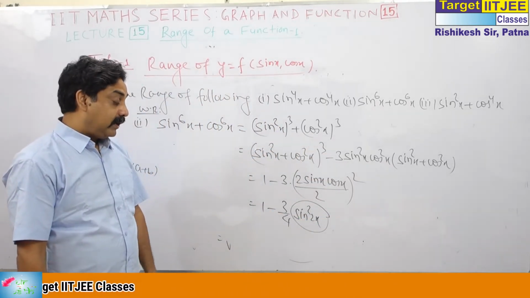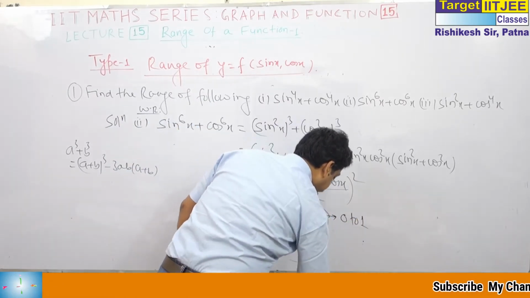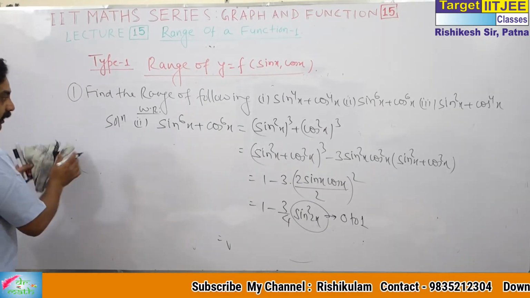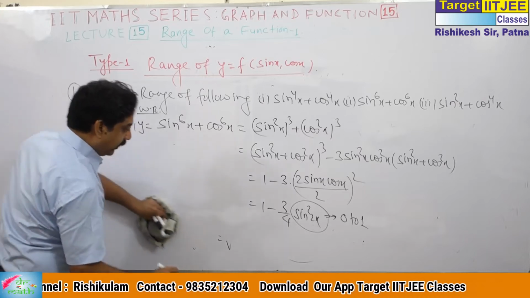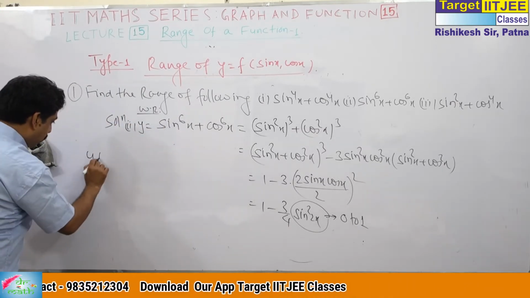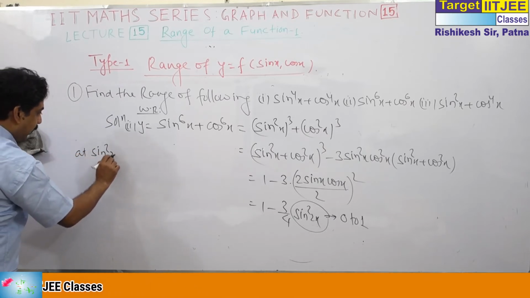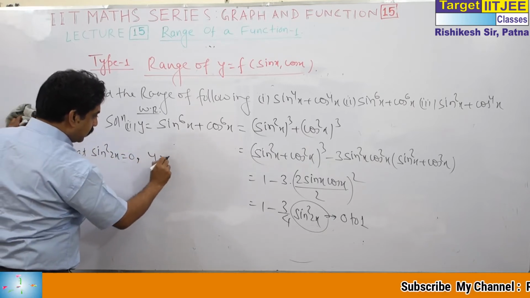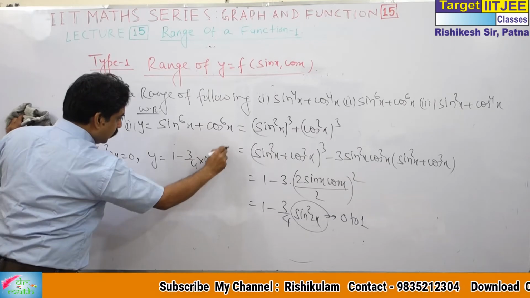And now we know this value lies from 0 to 1. So if we take this as y, we can say: at sine square 2x equal to 0, y is 1 minus 3 by 4 into 0, which is 1.